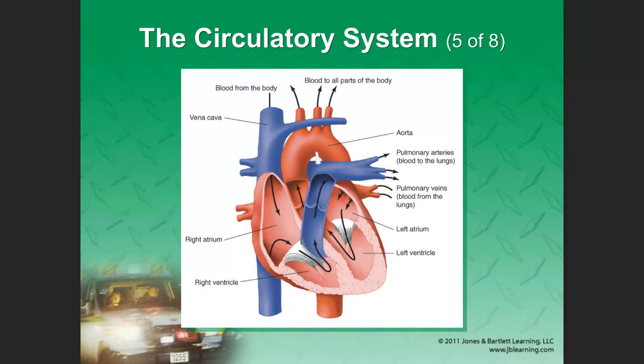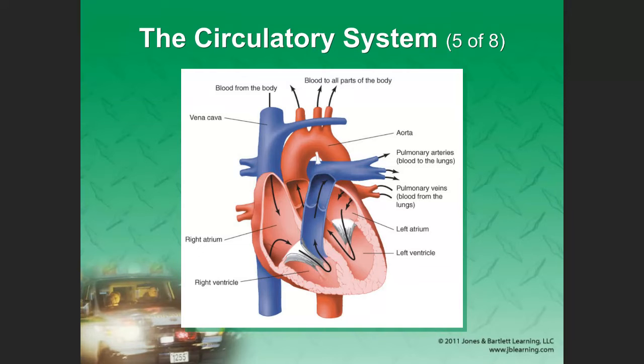Now, the aorta is the largest artery in the body, and it has an ascending aorta and a descending aorta. The ascending is the top portion, descending is the bottom portion.